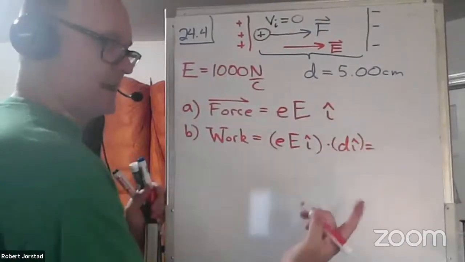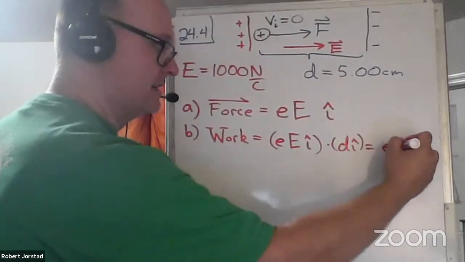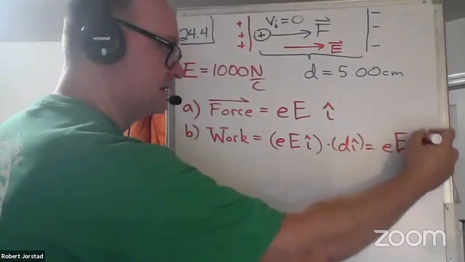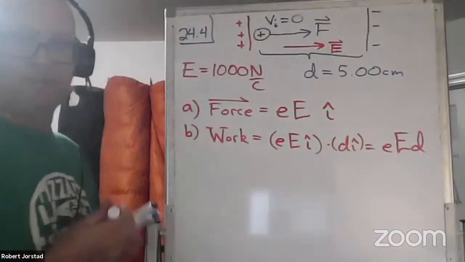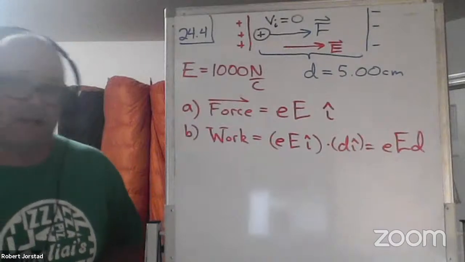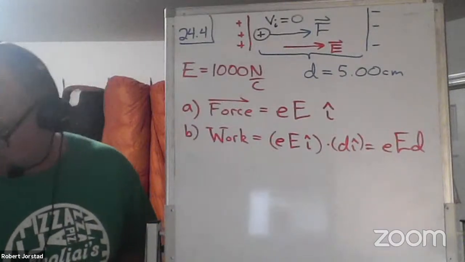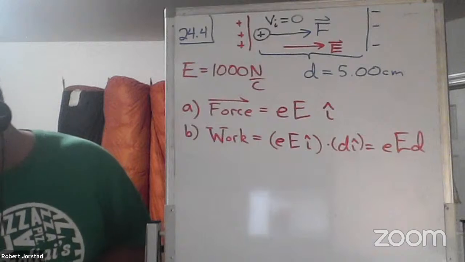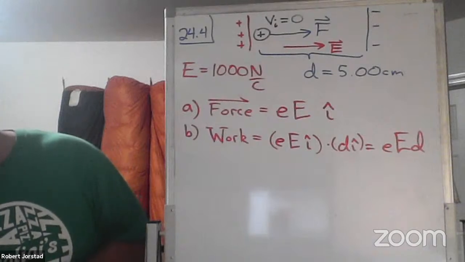The i hat dot i hat is 1, and we get E D for this problem. All right. So far, so good. Any questions about that? Just unmute if you have a question and shout it out. I'll stop at any time.